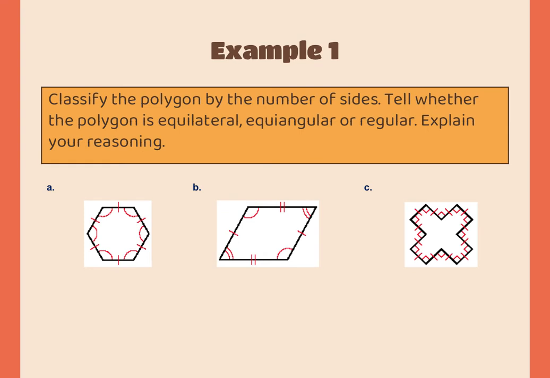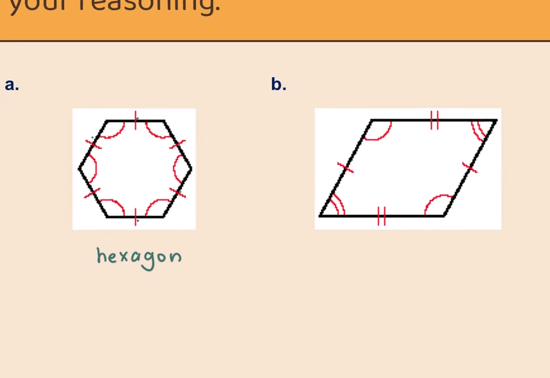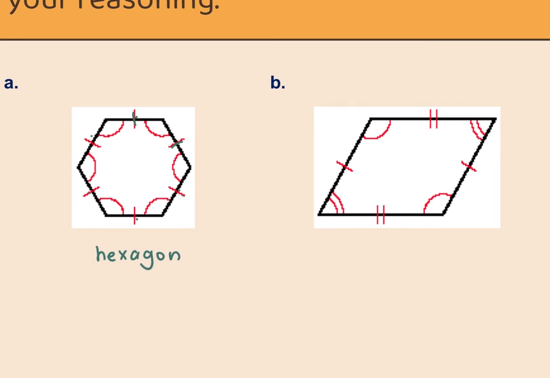All right, example 1 says to classify the polygon by the number of sides and then tell whether the polygon is equilateral, equiangular, or regular, and explain your reasoning. So if we start with A, first of all, I'm going to count. This is 1, 2, 3, 4, 5, 6 sides, which means this is a hexagon. And then it has 1, 2, 3, 4, 5, 6 congruency marks, which means it's equilateral.